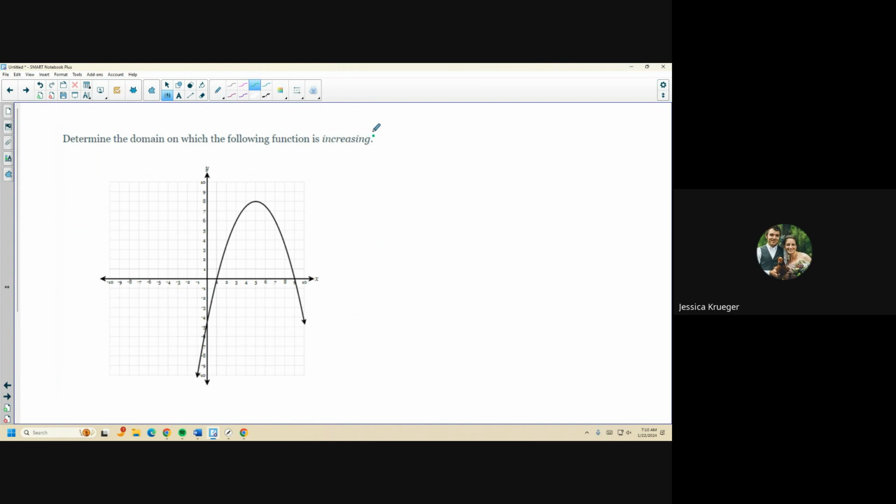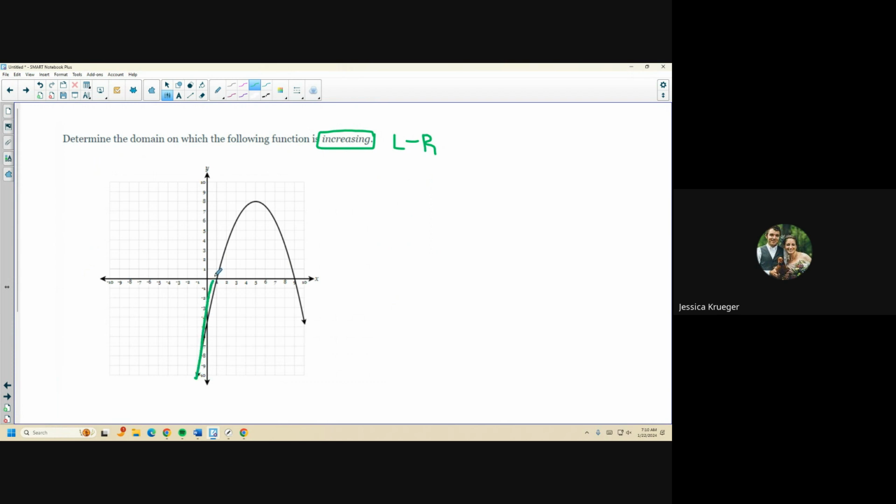Here they want to know where the function is increasing. When you're looking if a function is increasing or decreasing, you must trace the function going left to right. Don't look at the arrows, because you're going to think it's always decreasing. So you're going to start at the leftmost end of the function and start tracing it.